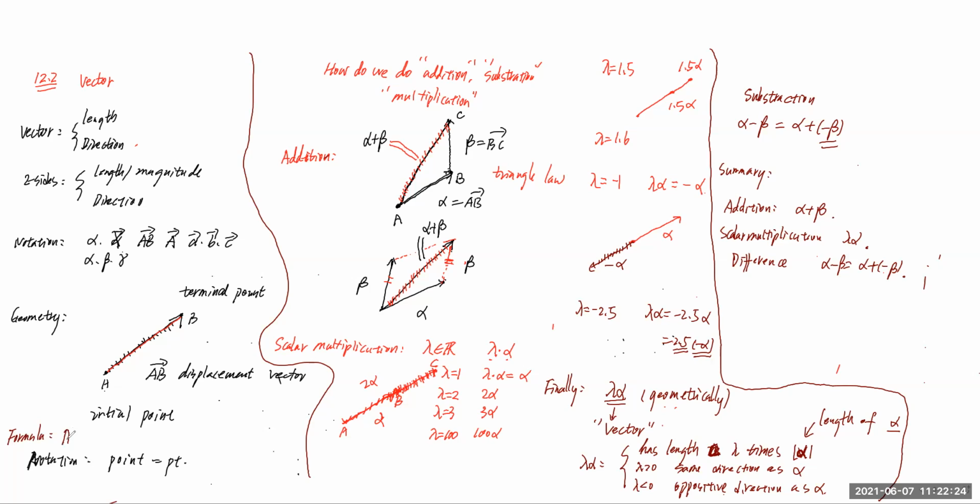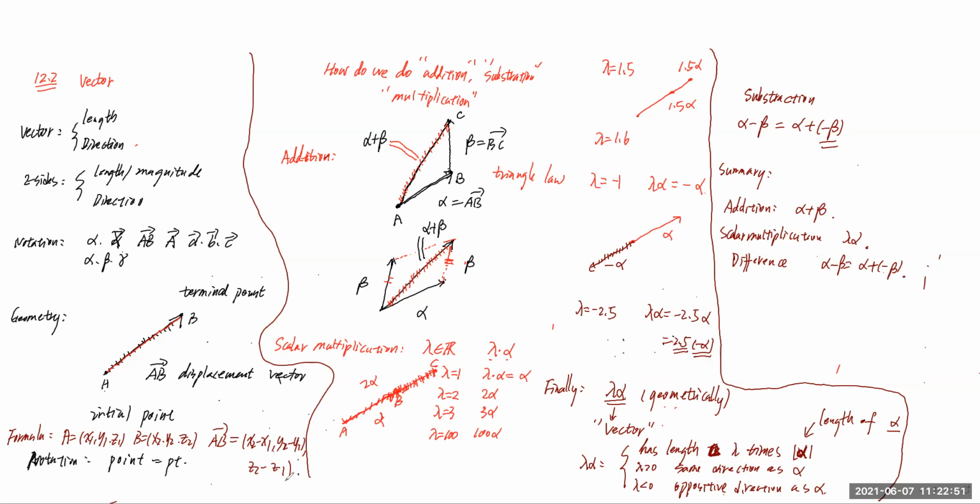If A is x1, y1, z1 and B is x2, y2, z2, then the vector AB is x2 minus x1, y2 minus y1, and the third one is z2 minus z1.